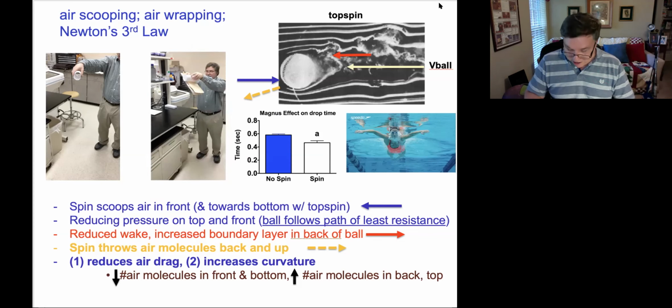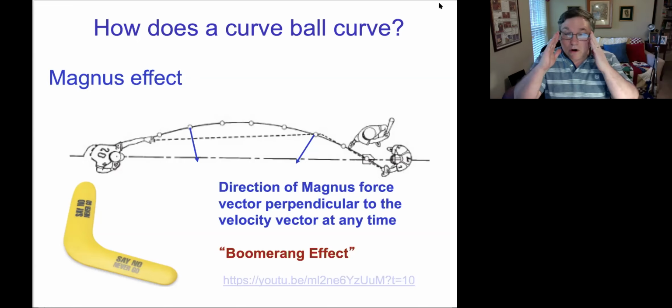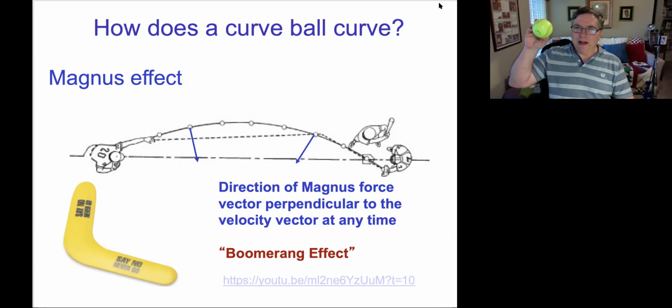So let's see if we can go to the next, there we go. The next thing we're going to do is we talked about the fact that when a ball is curving, over the last half or last part of the flight, it actually curves more than the first part. In addition, especially when a ball is coming towards you, it has that Magnus effect.